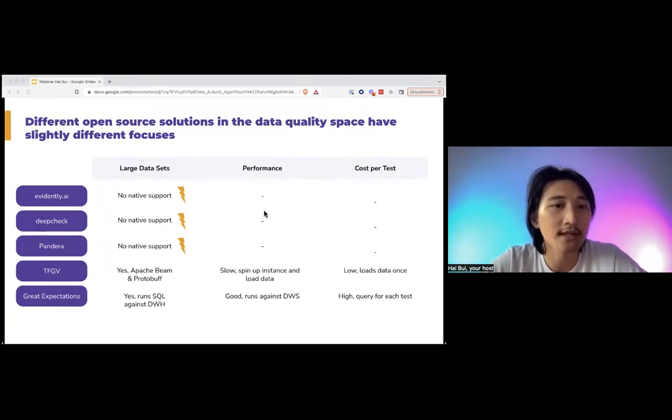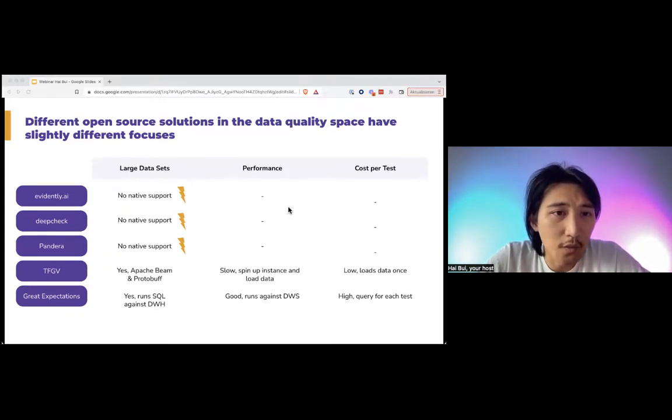And TensorFlow uses Apache Beam and turns the table into a protobuf, which is a mechanism for serializing structured data. It's something like XML or JSON, but much smaller and faster. And Apache Beam is a model for defining and executing data pipelines.